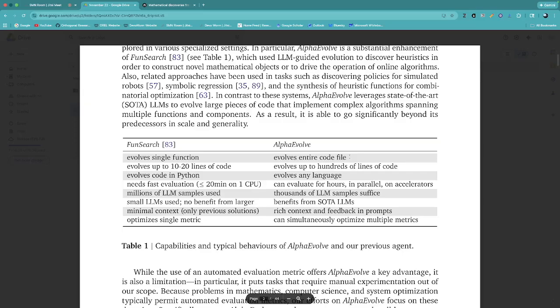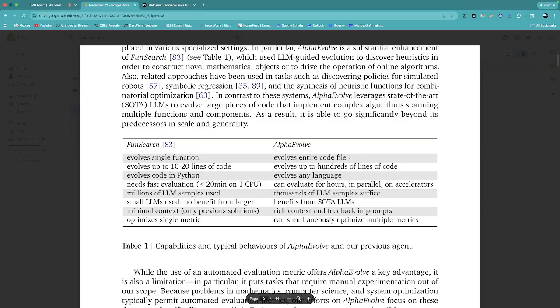FunSearch uses small large language models. There's no benefit from the larger models. AlphaEvolve benefits from the state-of-the-art large language models. FunSearch uses minimal context, which draws from only previous solutions. AlphaEvolve draws from rich context and feedback and prompts.